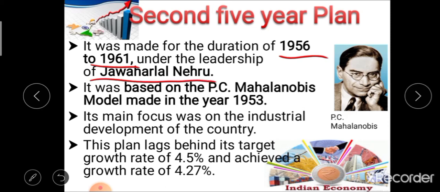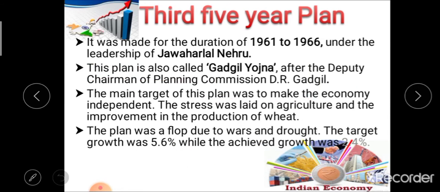This second 5-year plan was based on the P.C. Mahalanobis growth model of 1953, and its main focus is the industrial development of the country. Regarding the target achieved, the targeted growth rate was 4.5, and the actual achieved growth rate is 4.27. Next one is the third 5-year plan.